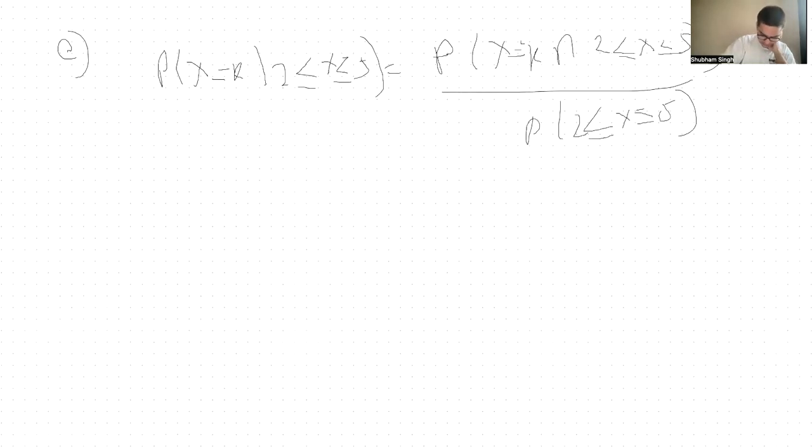And if you see this, this is given by the sum over k equals 2 to 5.